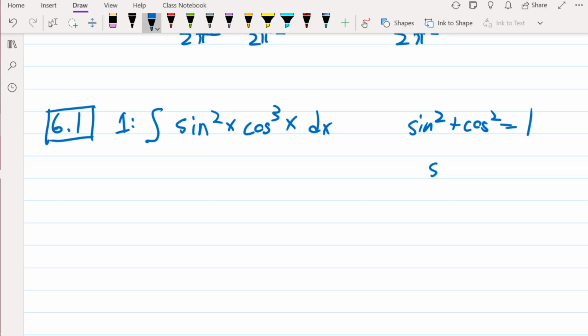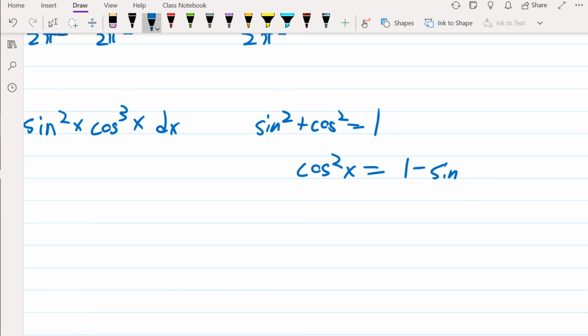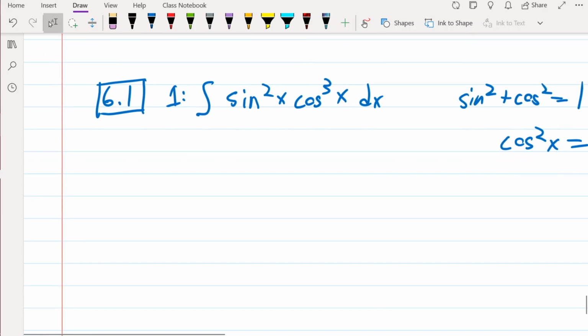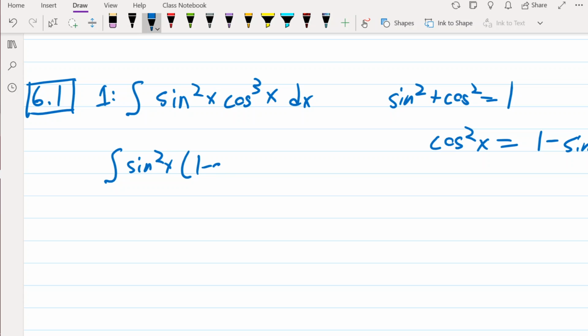So we're going to turn our cosine squared into 1 minus sine squared, as cosine squared x equals 1 minus sine squared. So we simply first begin by rewriting. So we'll have sine squared x times 1 minus sine squared x times cosine x dx.